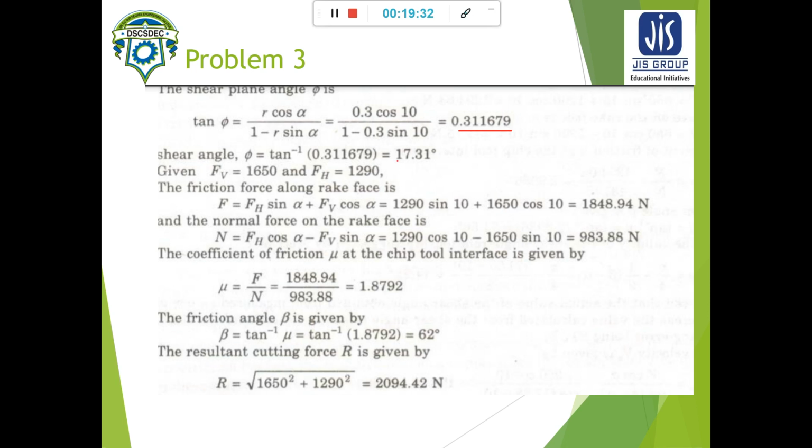The shear angle is tan inverse of this value, so that would give us 17.31 degrees.